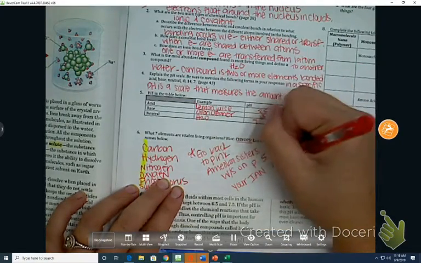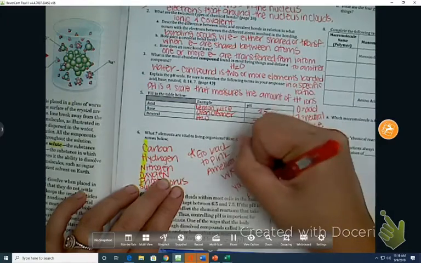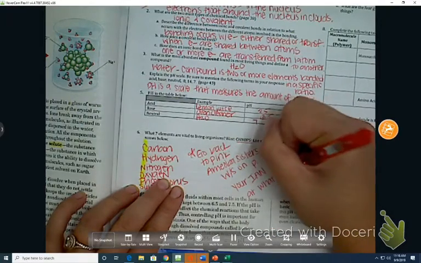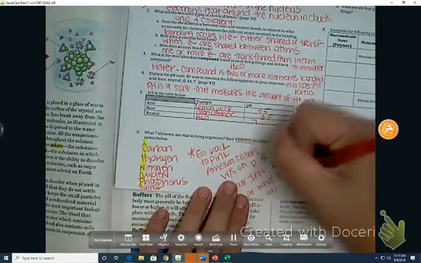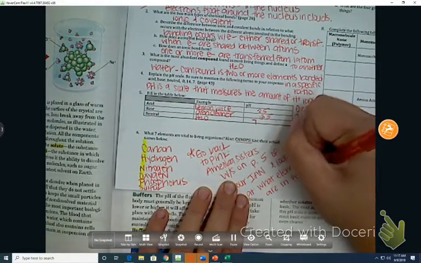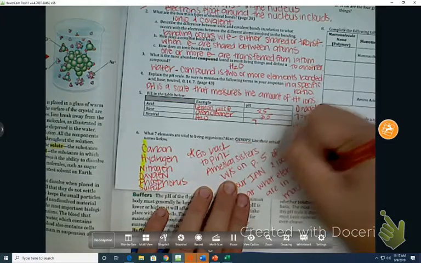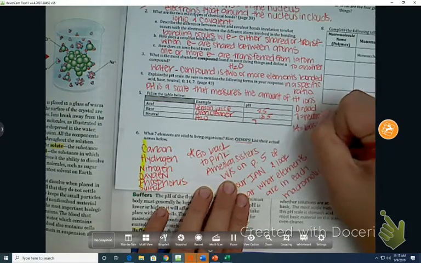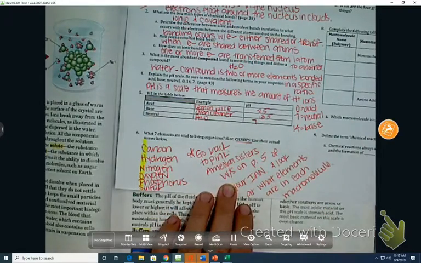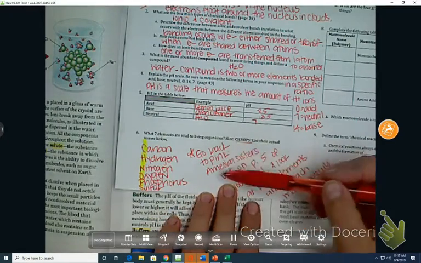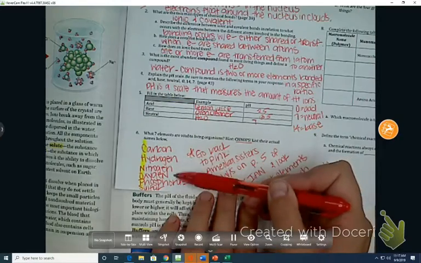and look at what elements are in each macromolecule. And you will see, if you go back and actually look at this, that carbohydrates, for example, are carbon, hydrogen, and oxygen.